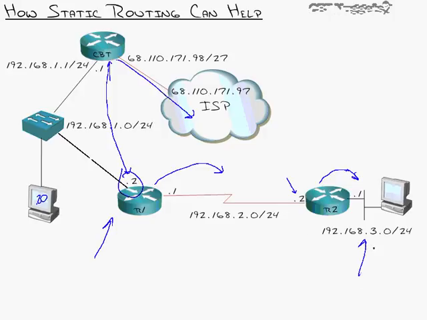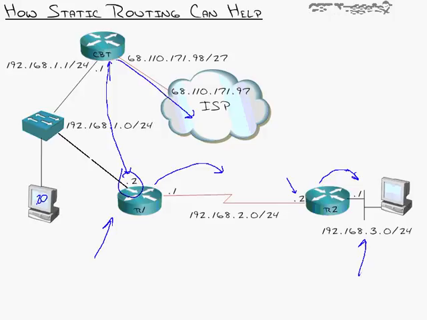Imagine a network like Intel or Motorola or Singular or, name your big company, that have hundreds of branch offices and hundreds of locations, thousands of locations, millions of networks at hand. Am I being extreme there? Probably. Maybe hundreds of thousands of networks at hand. Are you going to statically set up routes all around that? How about no? That's where the next video is going to come into play on dynamic routing.